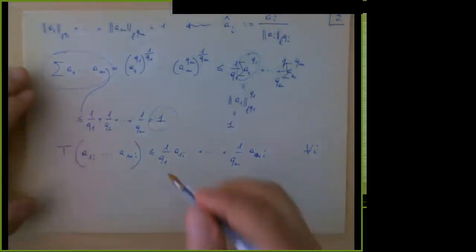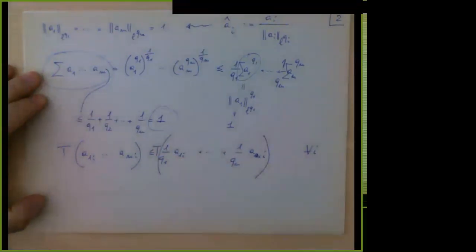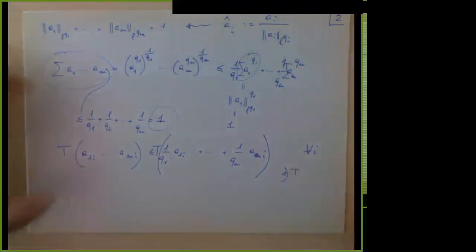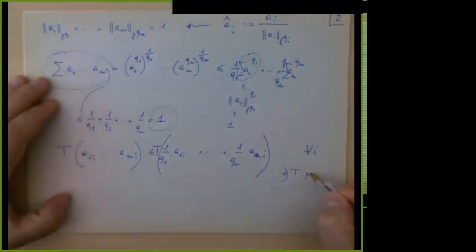Let us keep note of what we are applying. First thing, in order to claim that this is true, we are applying that T is positivity preserving, let's say, so it respects the order. So T is positivity preserving.